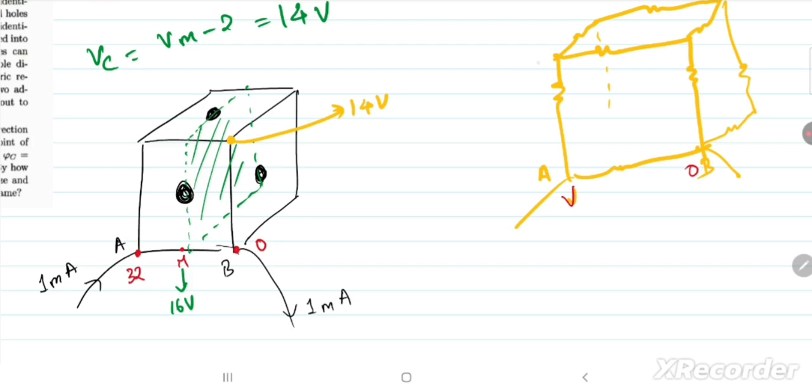Then let the voltage at point C be X. Then we say that voltage at point D is V minus X.